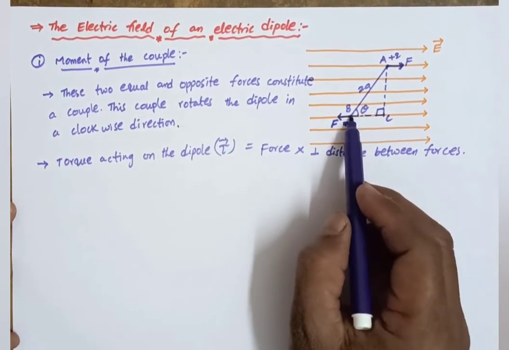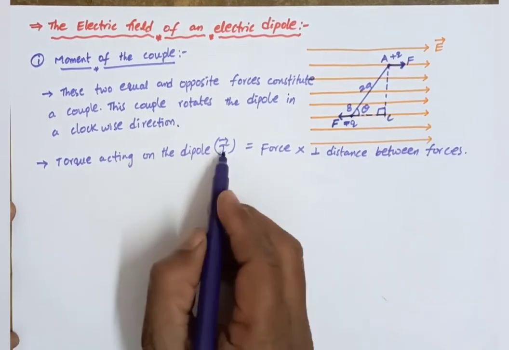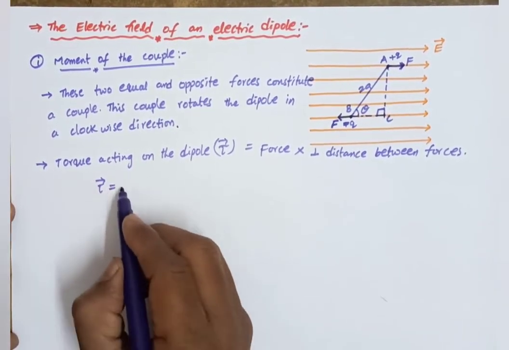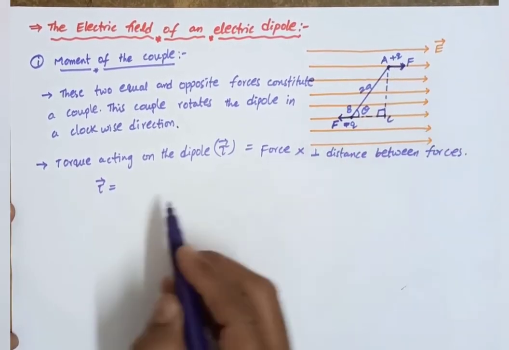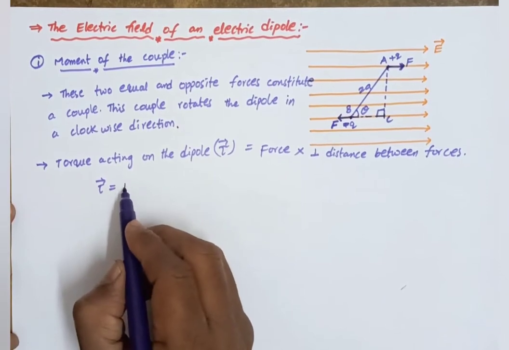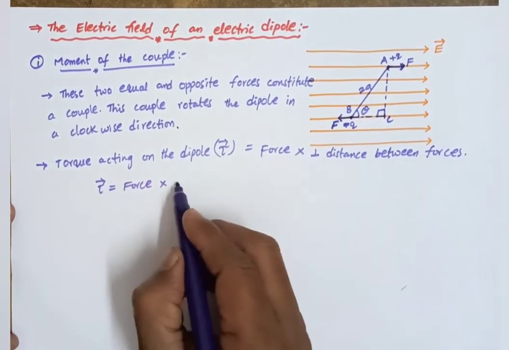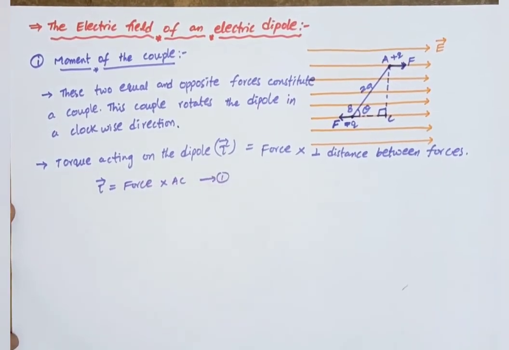So what is the perpendicular distance? This AC is the perpendicular distance. So then torque tau bar equals force into perpendicular distance AC. So this is equation number 1.